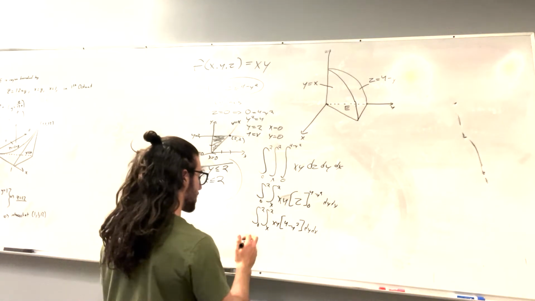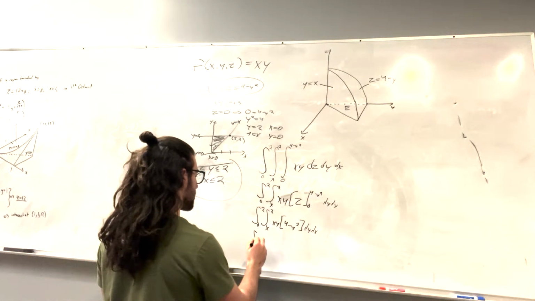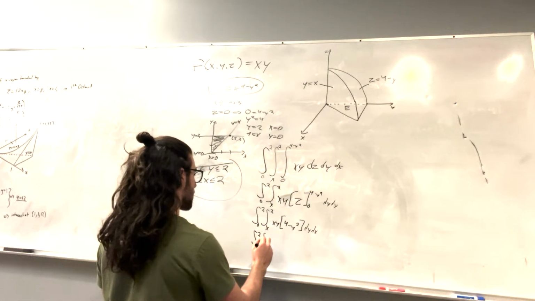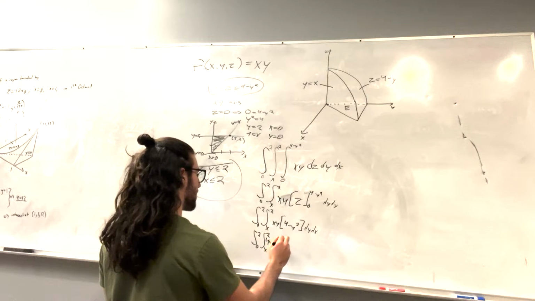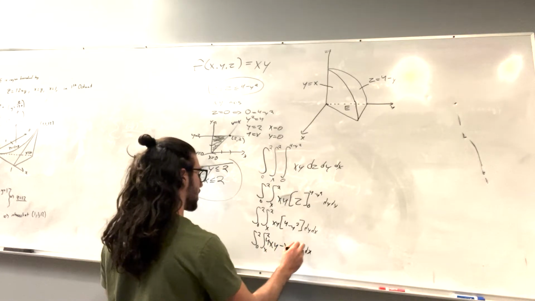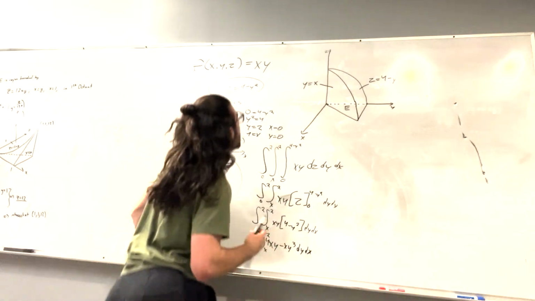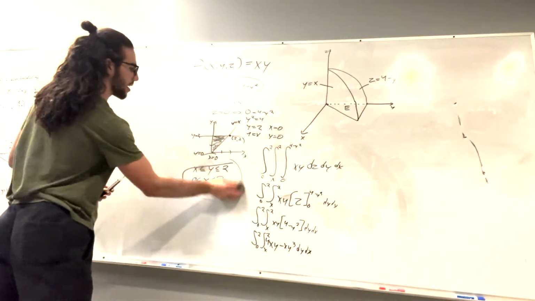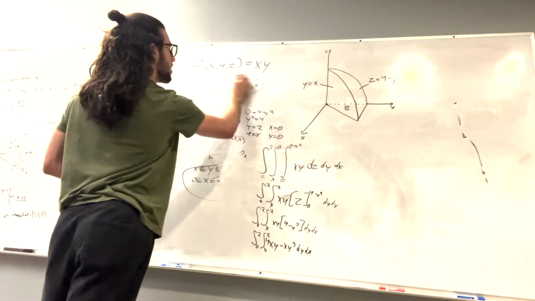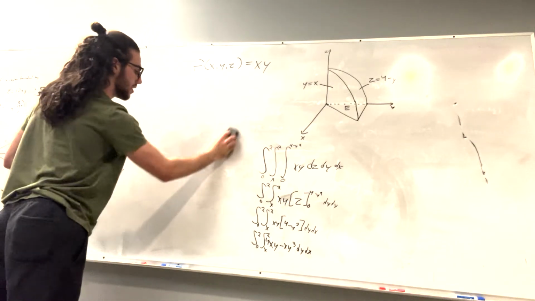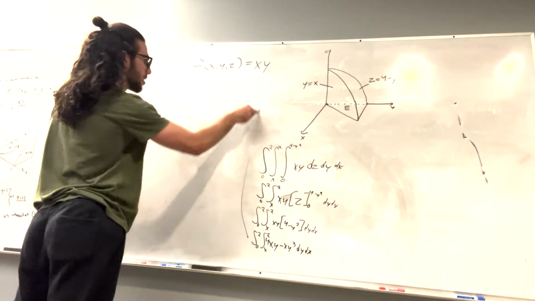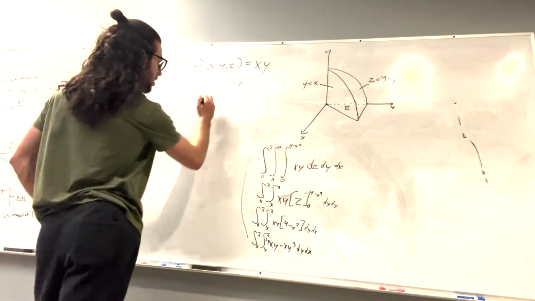Minus 0, obviously, but that's nothing. So 0 to 2, x to 2, 4xy minus xy cubed, dy dx. Now we got all this stuff out of the way. I'm going to erase it and bring this up here.